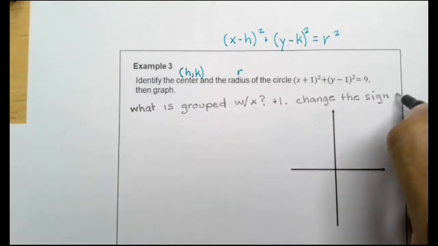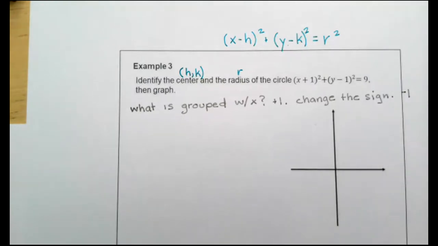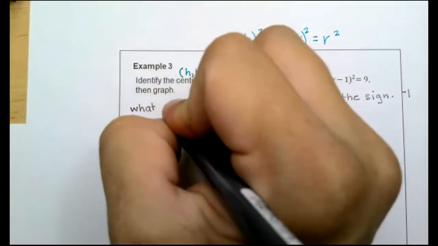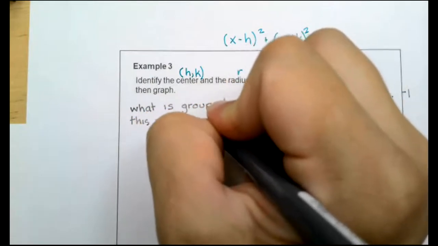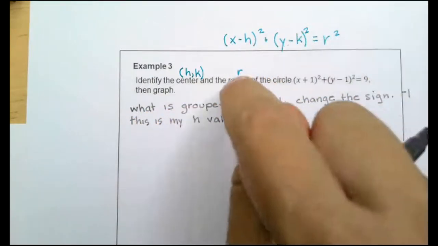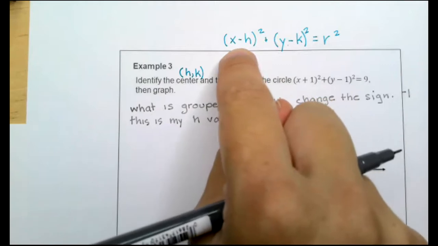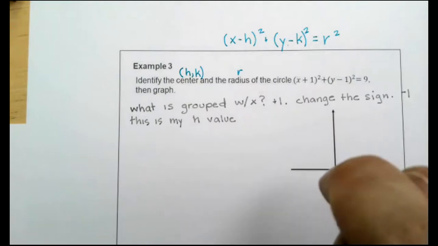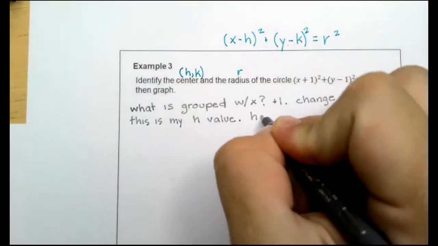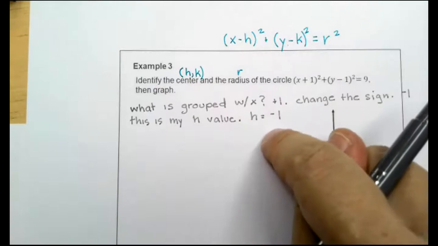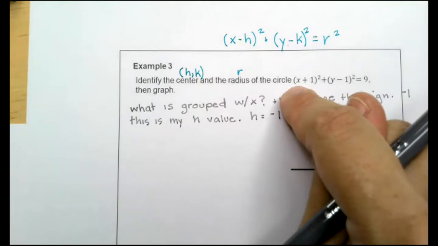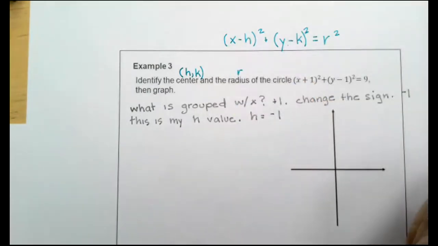So now it's a negative 1. And that is my h. Okay, so we looked at what was with x. We changed the sign and we found h. So h is negative 1, because the positive 1 was with the x, but we needed to change the sign.